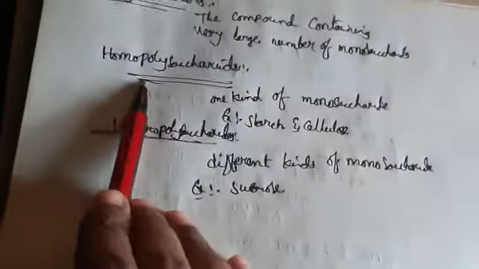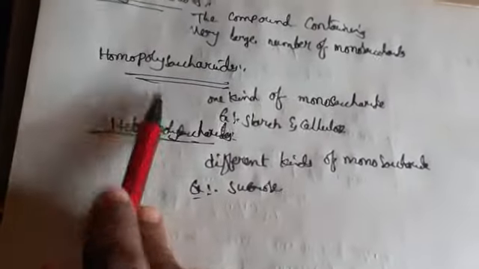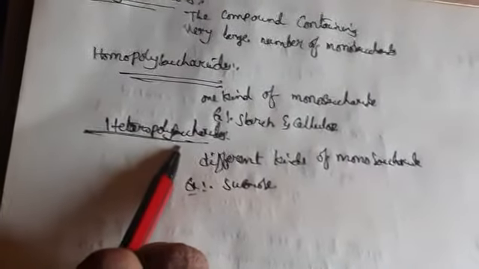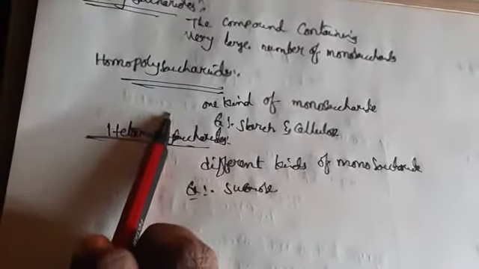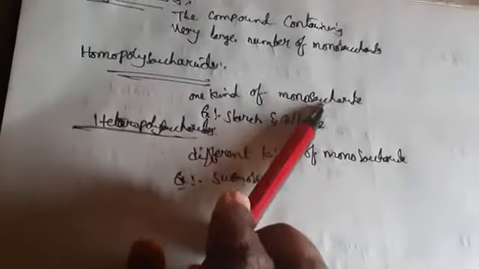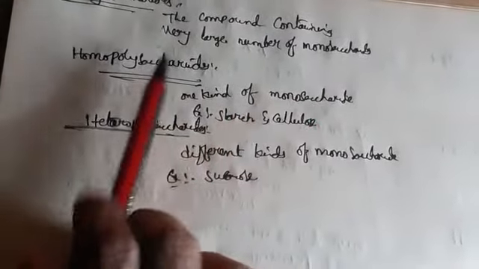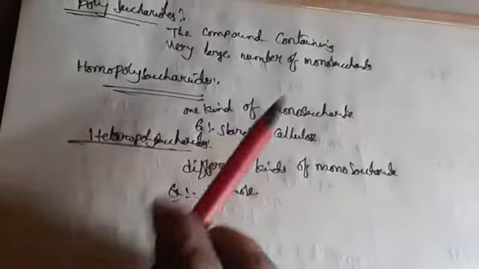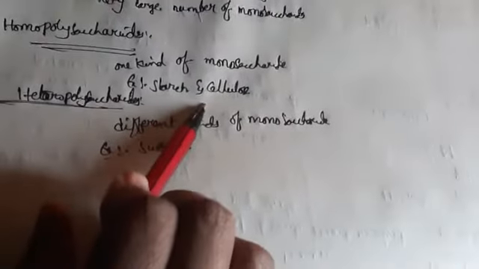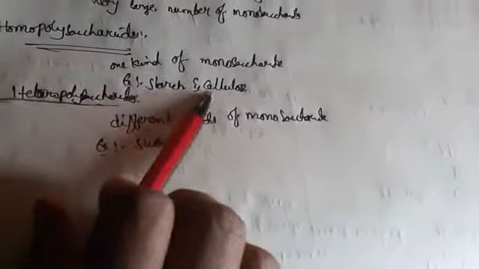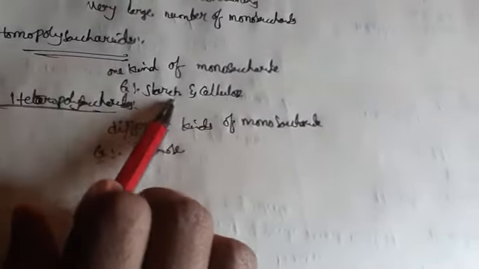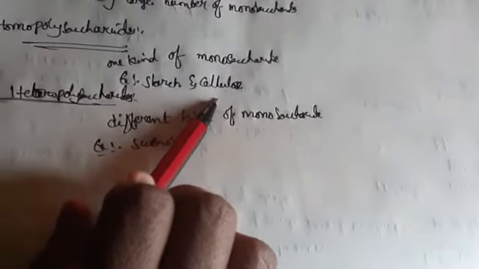It consists of 2 types, that is homopolysaccharides and heteropolysaccharides. Homopolysaccharides means what here? Only one kind of monosaccharide it is giving, that one we call it as homopolysaccharide. For example, if you are taking starch and cellulose, so these 2 are the examples. Starch is also a carbohydrate, cellulose is also a carbohydrate.